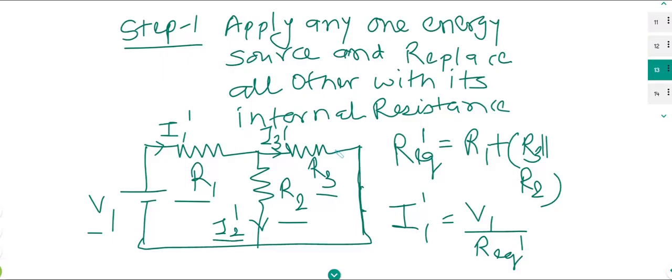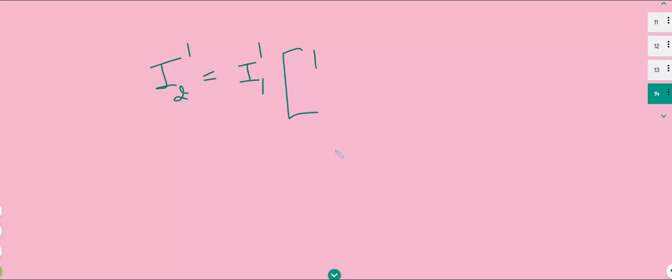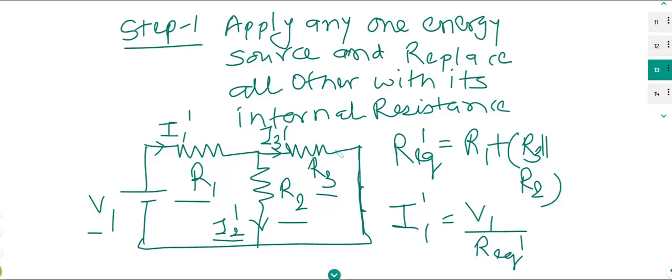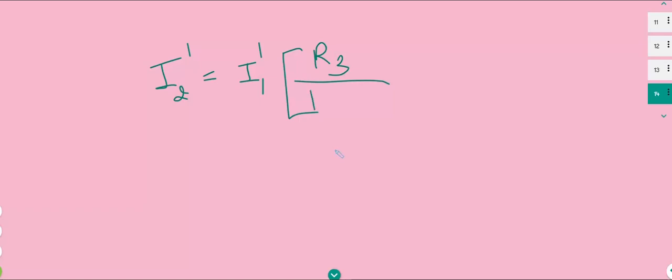You want to find I2 dash, so the resistance of the opposite branch is R3, divided by the total resistance of the two branches in which current is dividing, that is R2 plus R3. So you will get some value of I2 dash in this case.